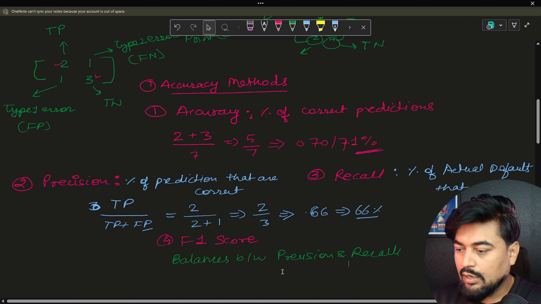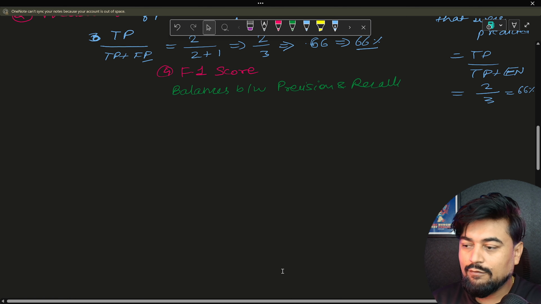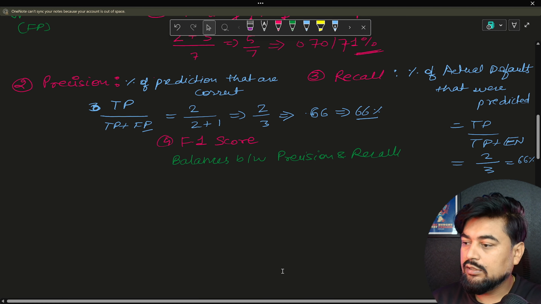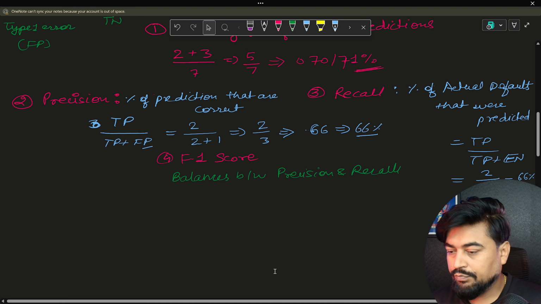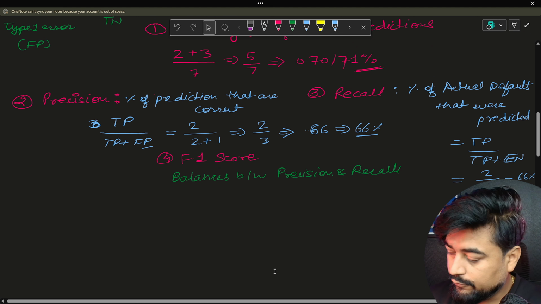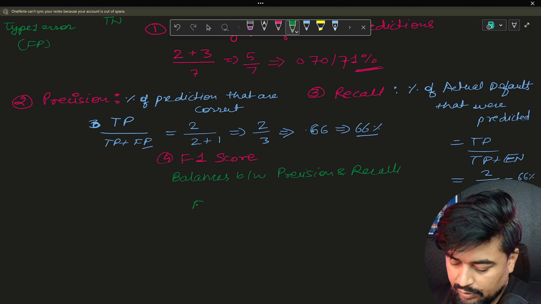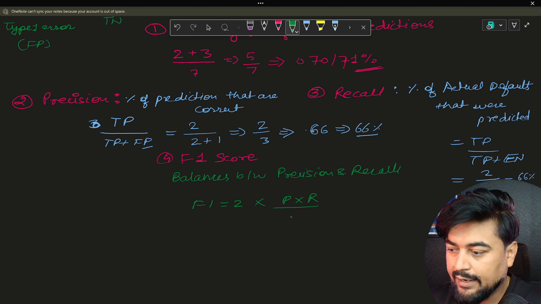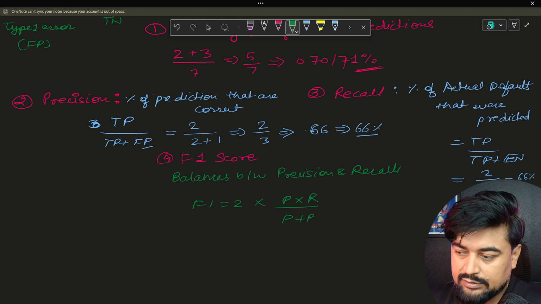So the formula of F1 also uses the values from precision and recall. Let me write the formula for you guys. The formula for calculating the F1 score is F1 equal to 2 multiplied by precision multiplied by recall, divided by precision plus recall.